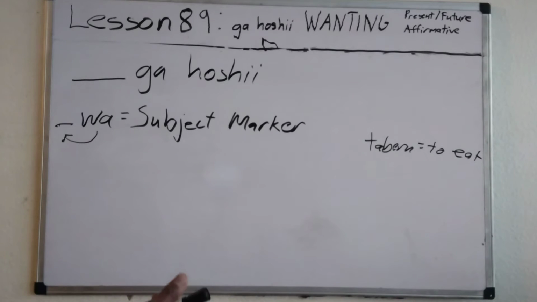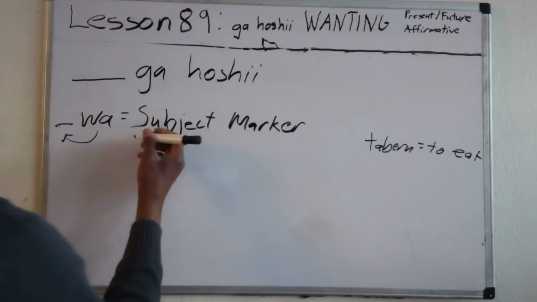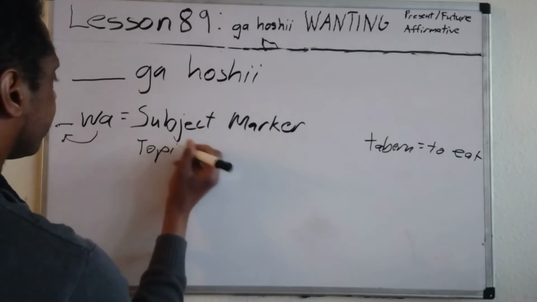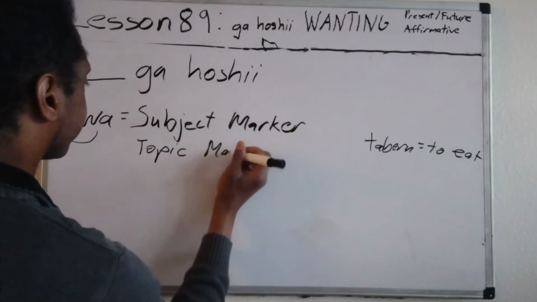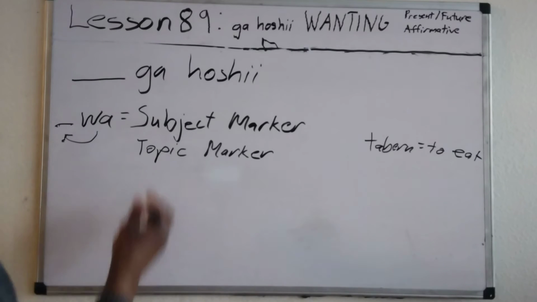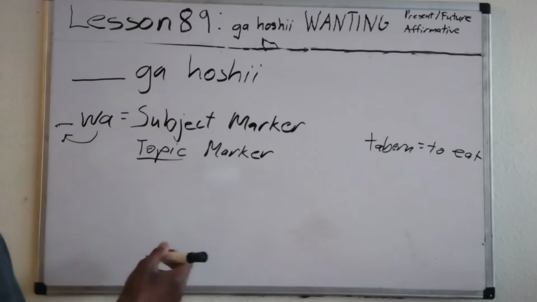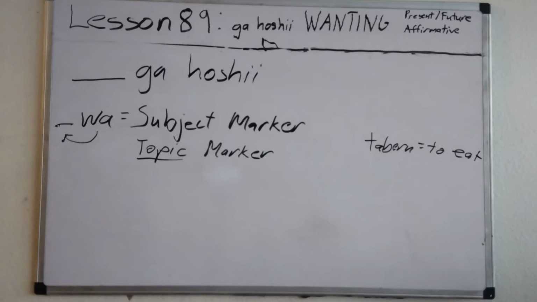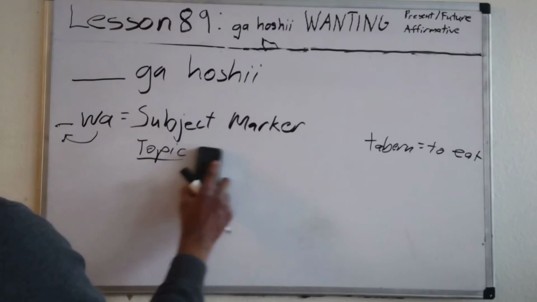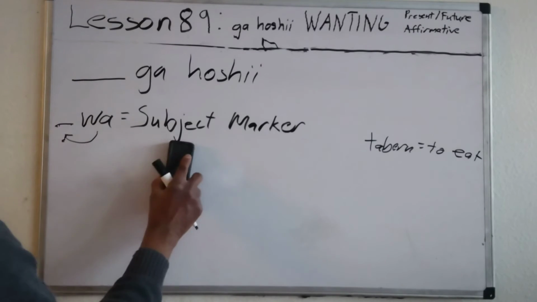Basically, a lot of times people call it a topic marker. Not a subject marker, okay? They call it a topic marker. Topic, subject sounds pretty much the same. And it kind of is in a large manner. But let's just teach how to use it. That would be really best, okay?